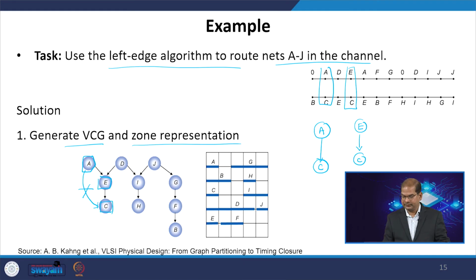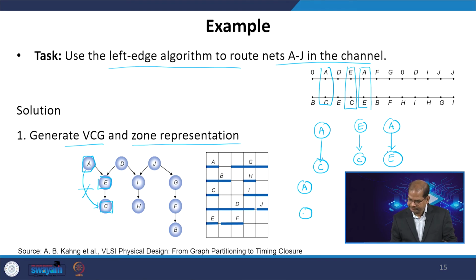Similarly, you have A to E. These three edges can be reduced to two edges, like A, then E, then C.